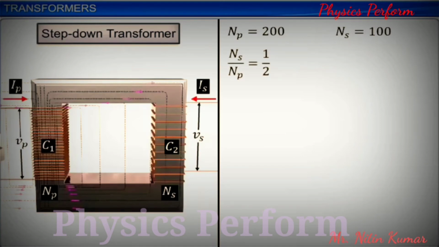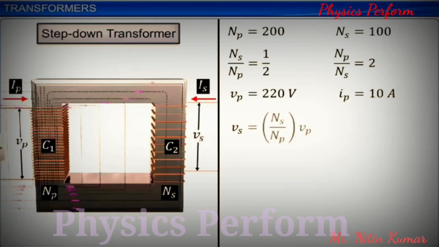Thus, a 220 volt input voltage VP at input current IP of 10 ampere gives an output voltage VS of 110 volt. That is, a step down to 110 volt output at a current IS equal to 20 ampere.